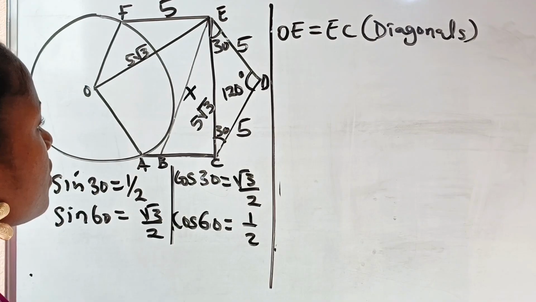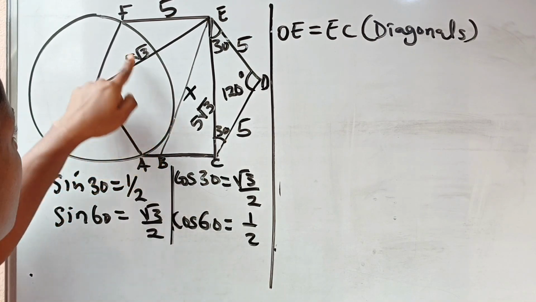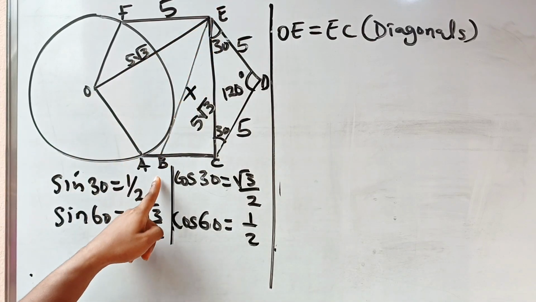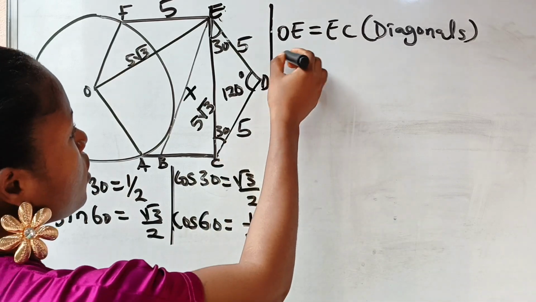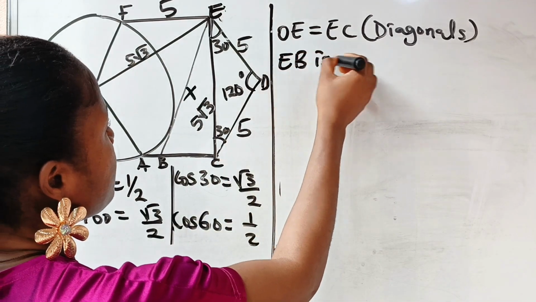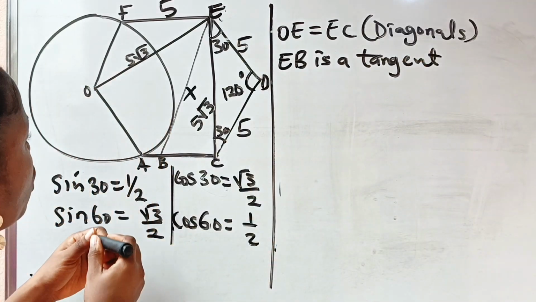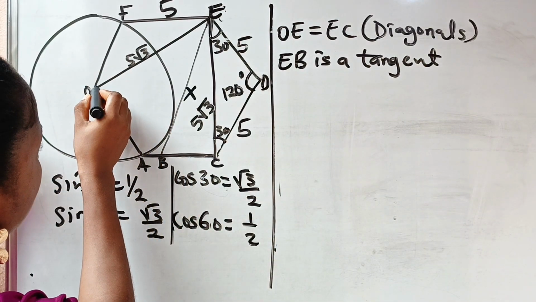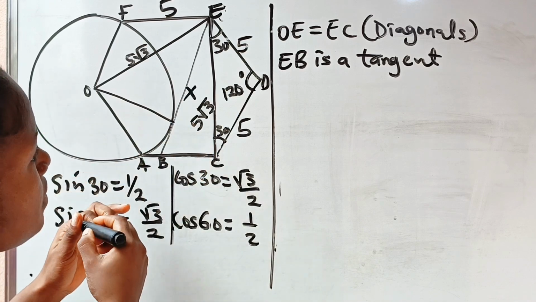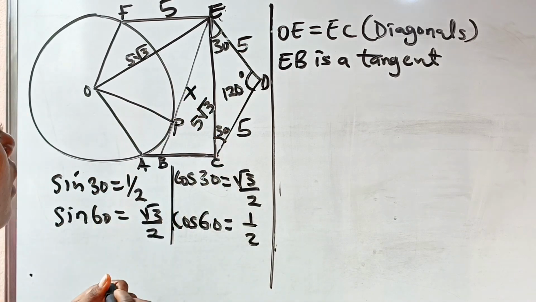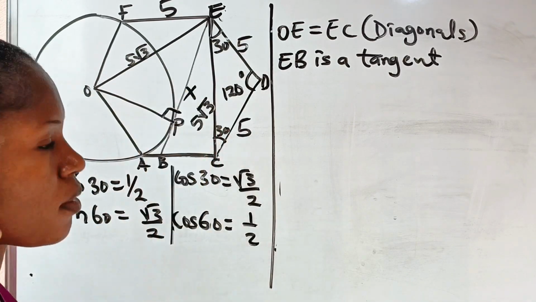All right. Now, if we join O to the meeting point between this circle and this tangent EB, this is E. Okay. So note that EB is a tangent. So if I draw a straight line from the center of this circle to this point, let's call it point P. Okay, OP is the radius of this circle and 90 degrees is formed here.